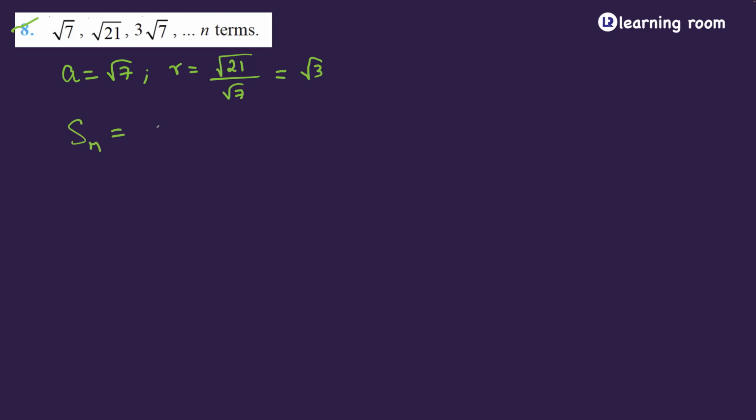Sum of n terms is equal to A into R power n minus 1 divided by R minus 1. So since R is greater than 1, we will write this formula itself. So A is √7 into 3 power n by 2 minus 1 divided by √3 minus 1.